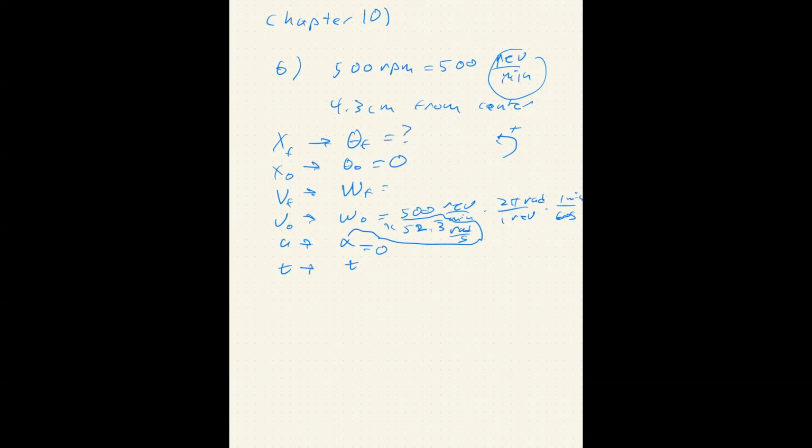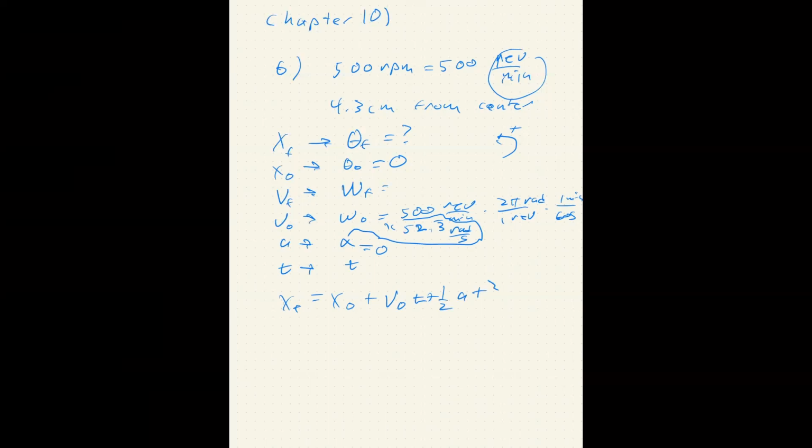So we can go look at our traditional equations. The traditional equations are X final equals X initial plus V0 T plus 1/2 A T squared.